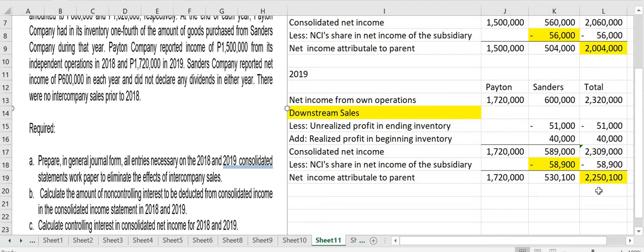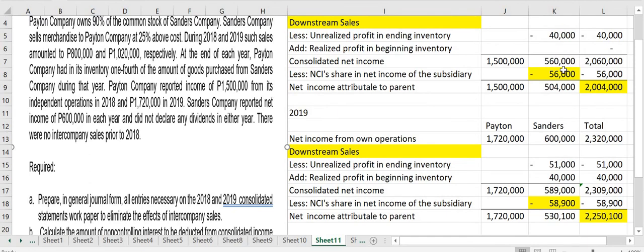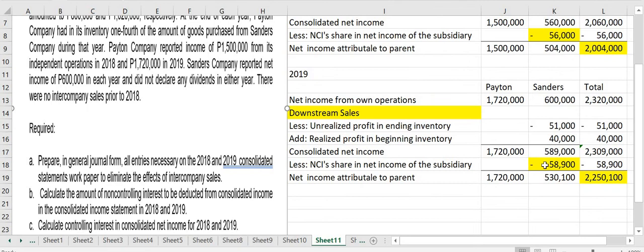Okay. So, ito yung sagot natin. 56,000 for 2018 for the NCI share in the net income of the subsidiary, and the net income attributable to parent is 2,004,000. Also, in 2019, we have NCI in the net income of the subsidiary of 58,900 and a consolidated net income attributable to parent amounting to 2,250,100.